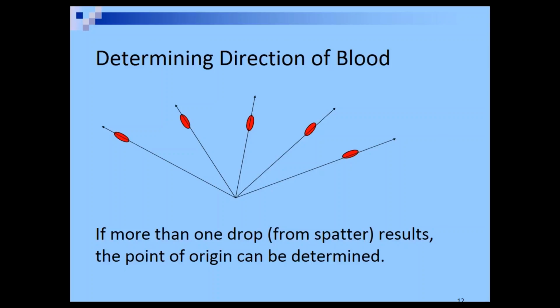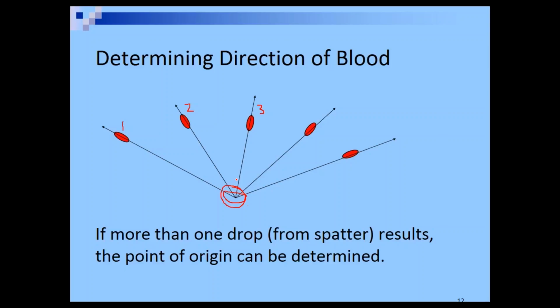Well, there would be a whole bunch of little drops from that one gunshot wound, spread out over a large area. But if the analyst looked at each of those blood drops individually, and they don't have to look at all of them, they would find that they all originate from the same point, which is where the bullet exited the body.